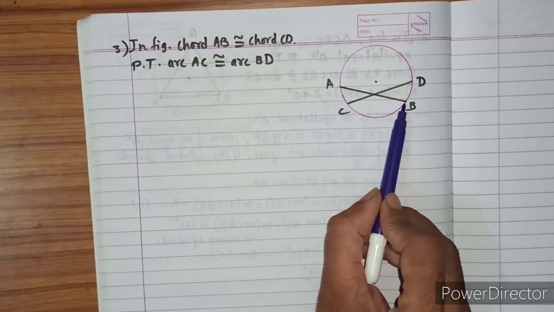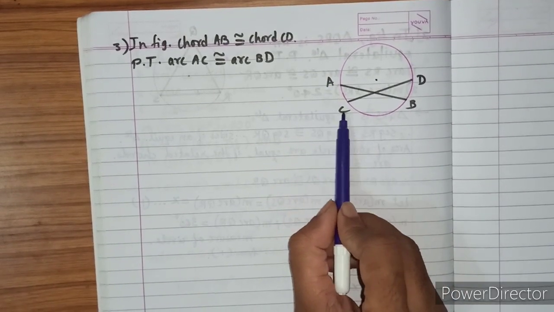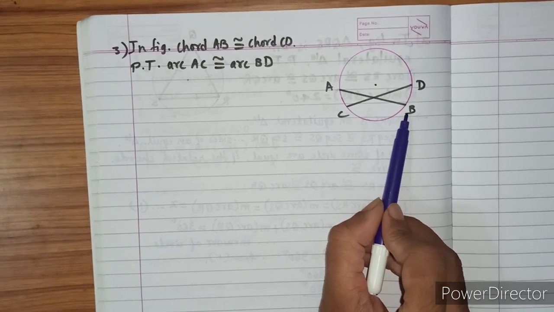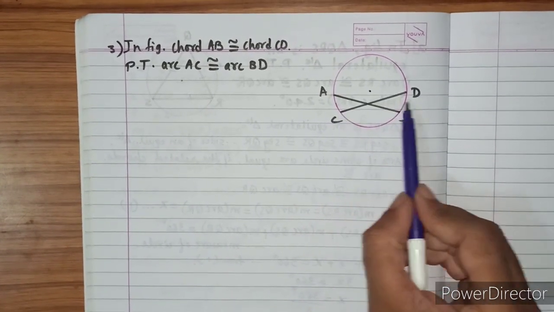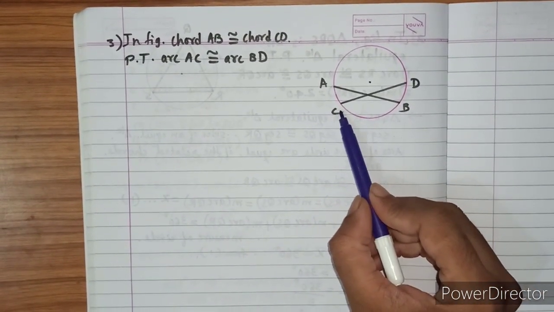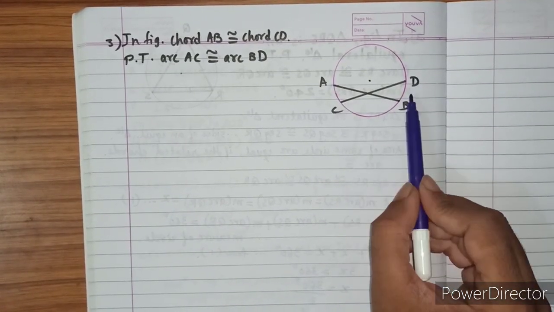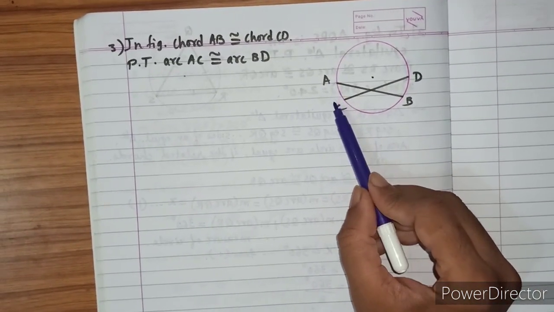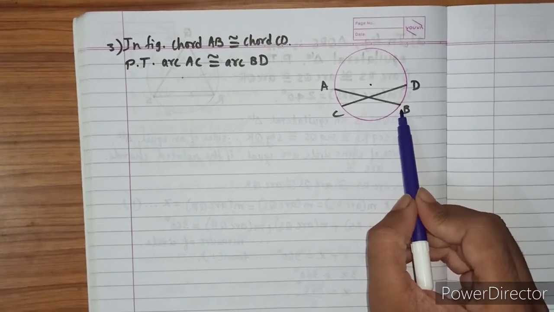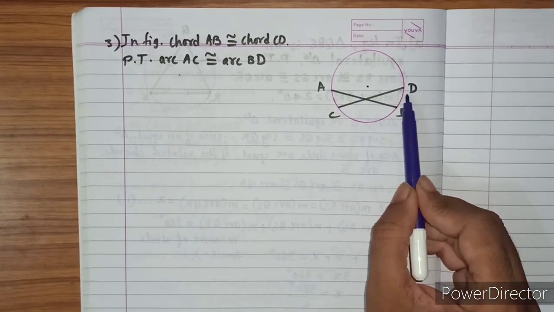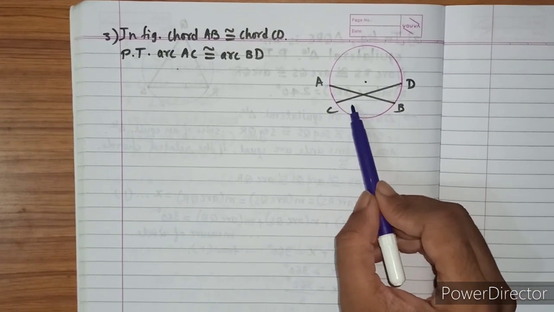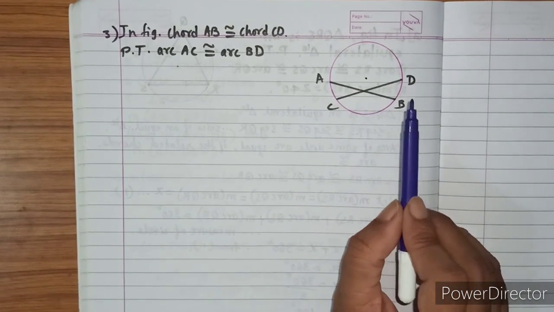Say chord AB forms this arc ACB. And chord CD forms this arc CBD. Now these arcs will be congruent to each other. Arc ACB will be congruent to arc CBD. Why? Because they are formed because of the congruent chords.